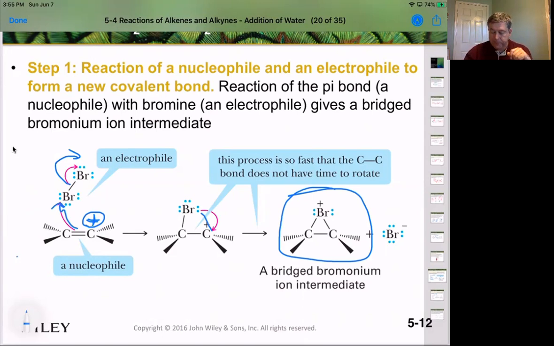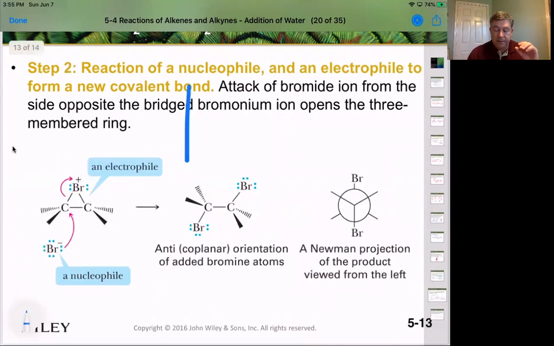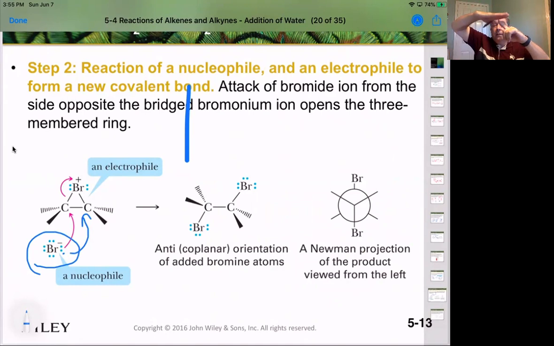Okay, so if that forms now, and we have this positively charged carbon bromine compound, what has to happen next? The next thing that has to happen is our new nucleophile, our thing that's looking for positive charges or things to share its electrons with, has to come in from the bottom of the species. The other bromine is occupying the top.